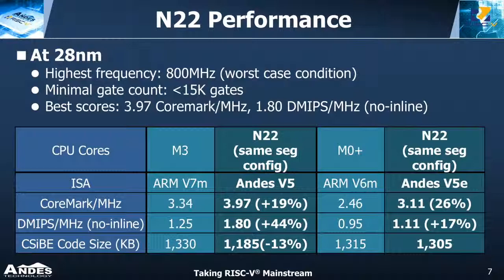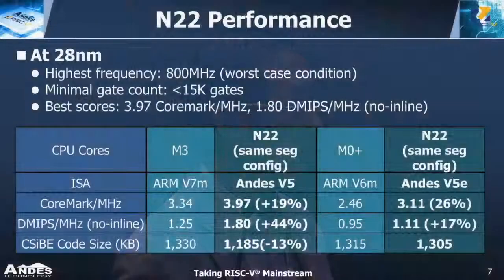The performance of this core is quite good. In terms of CoreMark, it runs at 3.97 CoreMark per megahertz. For Dhrystone, it's 1.8 Dhrystone MIPS per megahertz.